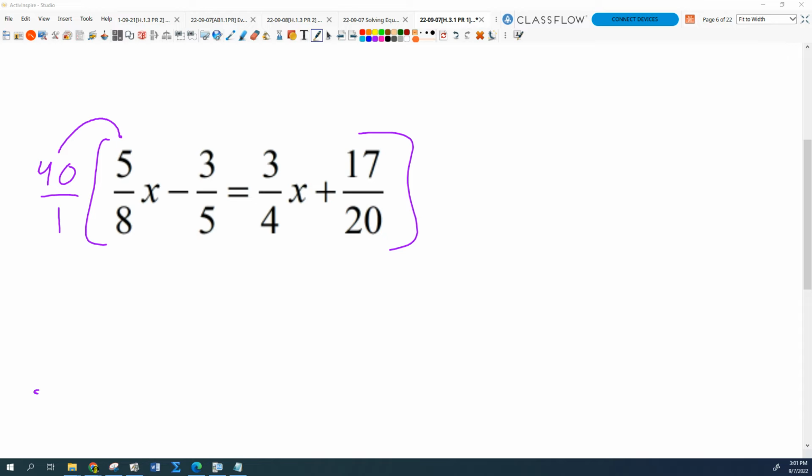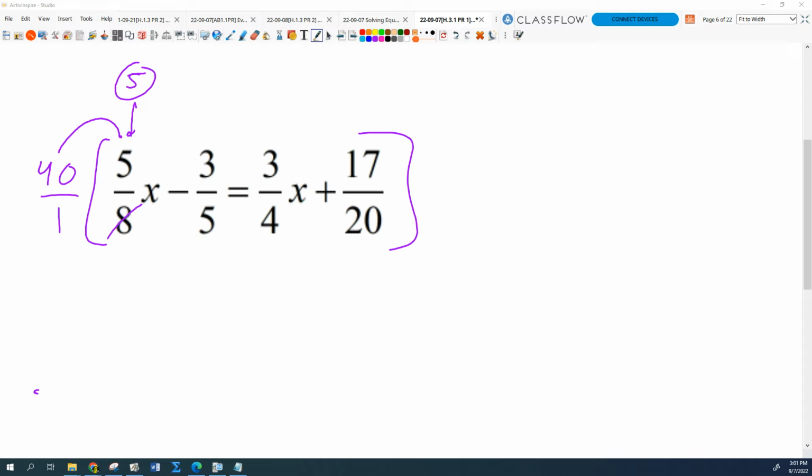So when I distribute the 40 over 1 to the 5 over 8, let's first ask ourselves, what does 40 over 8 reduce to? 5. And then that's what we multiply by the numerator, right? When we're clearing fractions, that trick is always guaranteed to work because we know that the denominators are going to divide into the least common multiple evenly every time, right?